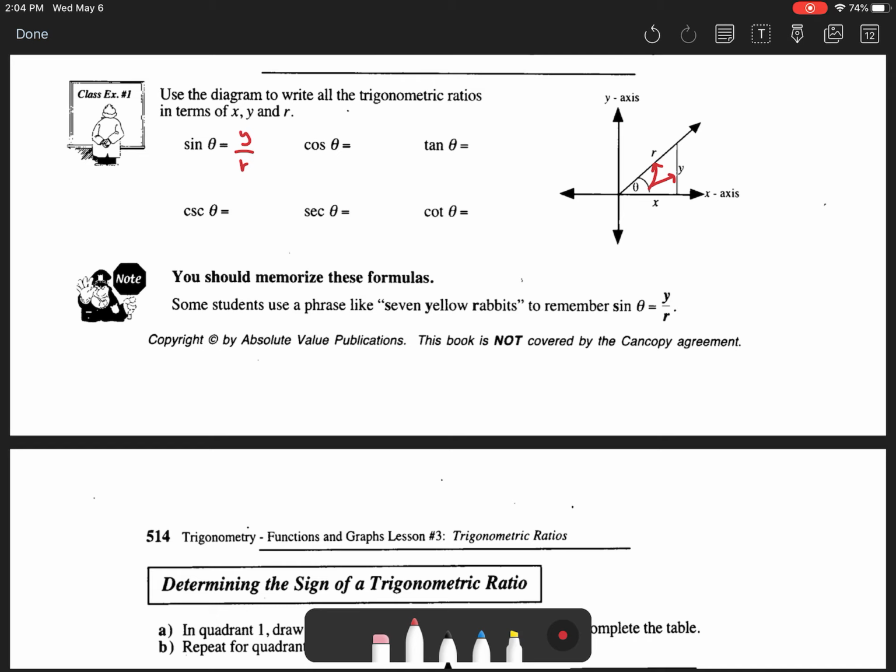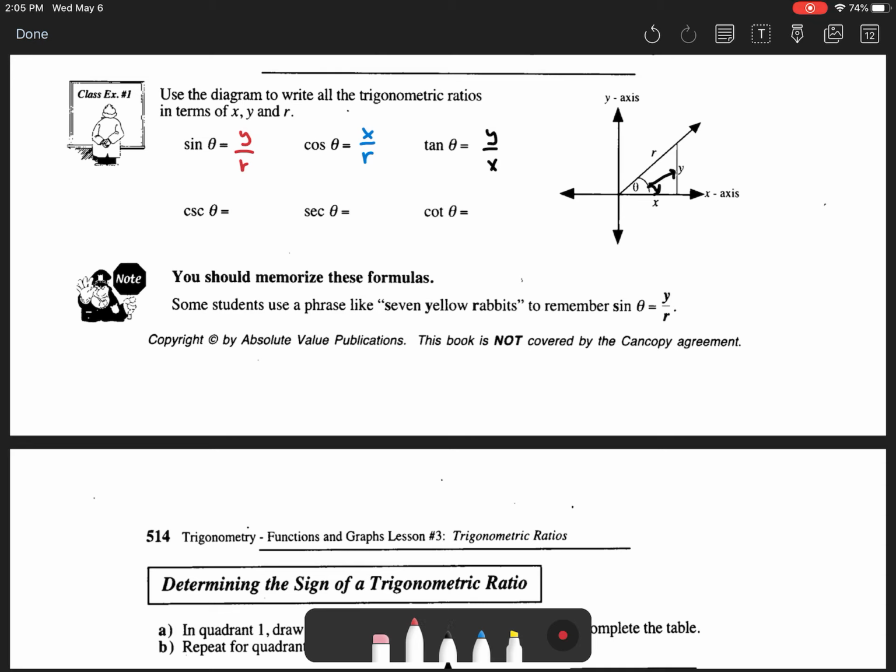For those of you that were confused at home, you had a right to be, that was wrong. Moving on to cosine, cosine is always the adjacent over the hypotenuse, so it will be x over r. And tangent is always the opposite over the adjacent, so tangent will be y over x.